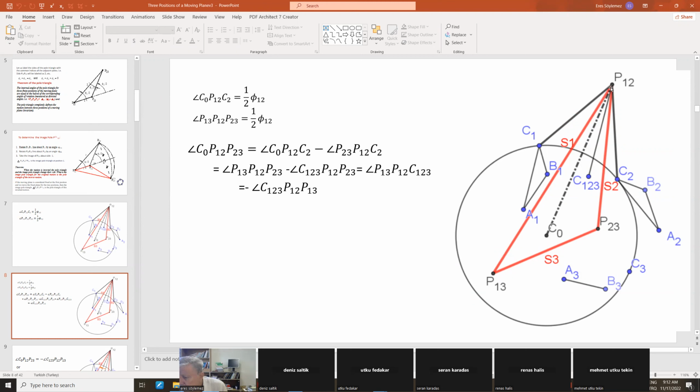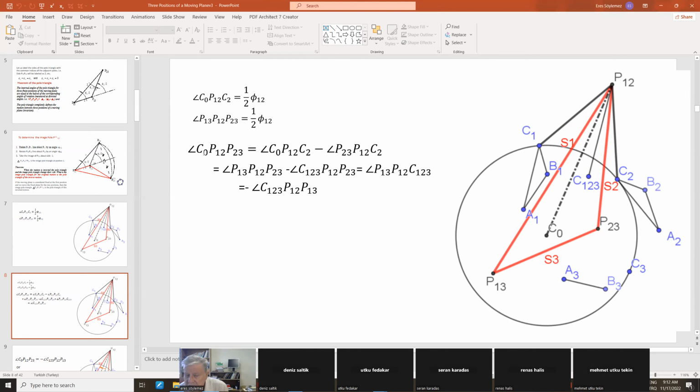C0, P12, P23. The angle the line C0, P12 makes with respect to side 2 is equal to C0, P12, C2 minus P23, P12, C2.